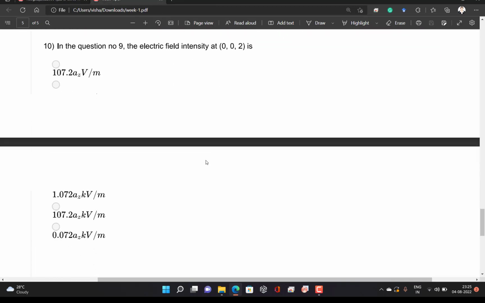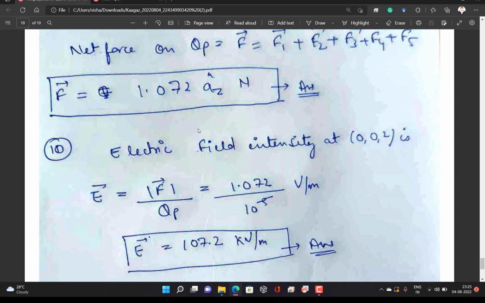Now let's see question number 10. Question number 10 is linked with question number 9. Here they have asked for the electric field intensity at point 0 comma 0 comma 2. The force due to all the charges on QP we already know. The electric field intensity will be just the force divided by the charge QP.